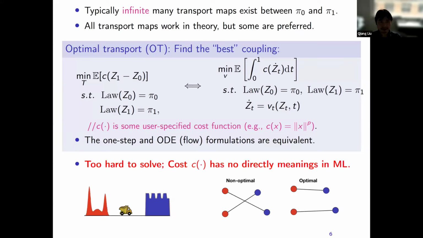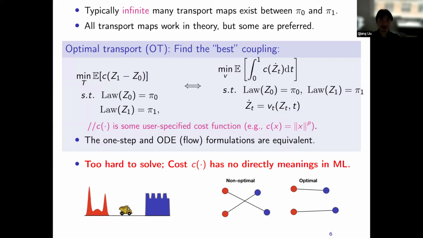But the problem is that finding the optimal transport mapping is quite expensive in practice. And we don't really have to find exactly the optimal transport mapping because all we care about is to find a feasible mapping that can do the work of transporting Z0 to Z1.